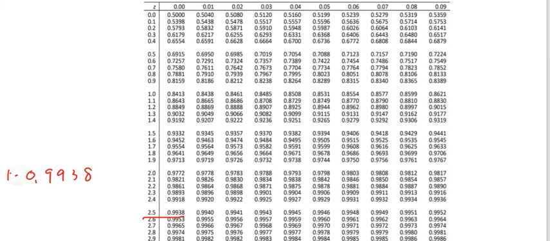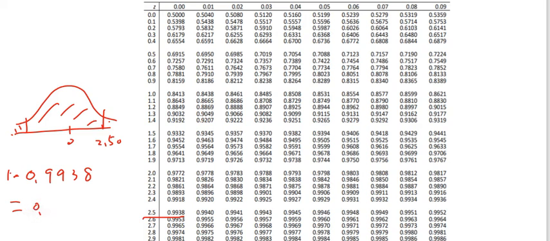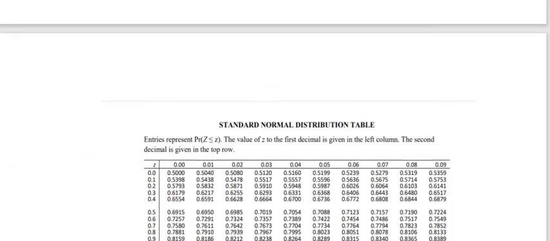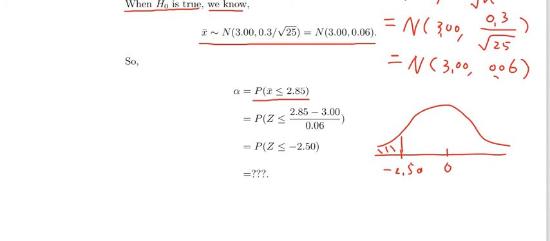Here we use 1 minus, because this is positive 2.50 and we want the part less than negative 2.50, the tail part. Anyway, this equals about 0.0062. So this is our alpha.